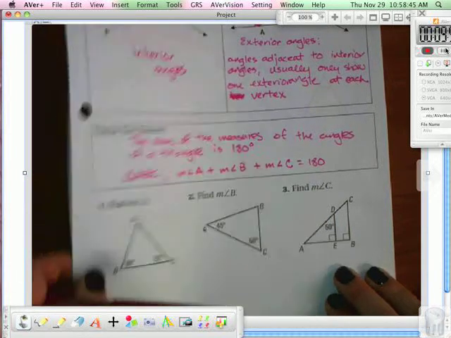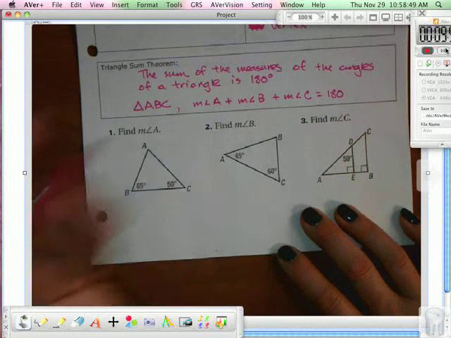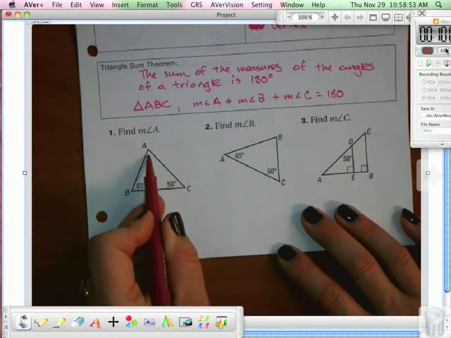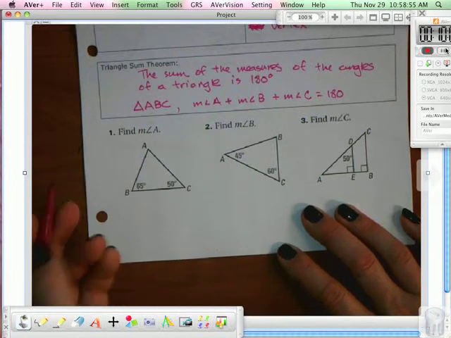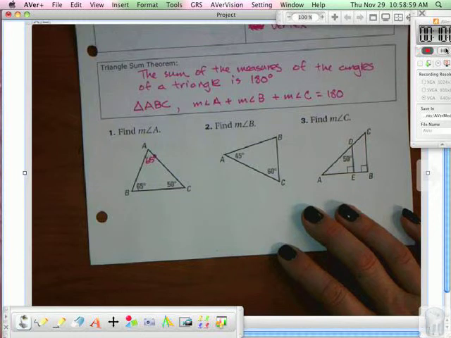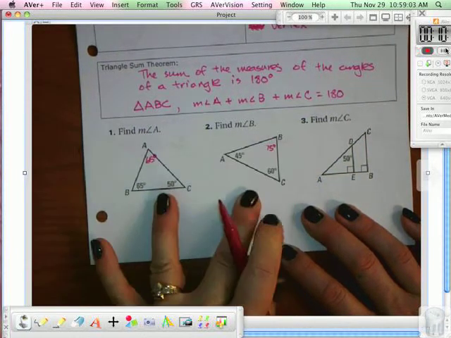This bottom part is like what you were just doing on the Bart Simpson worksheet. 65 plus 50 plus whatever A is has to be 180, so it's going to be 65 degrees. Next one is 75. It's the same thing you were just doing.